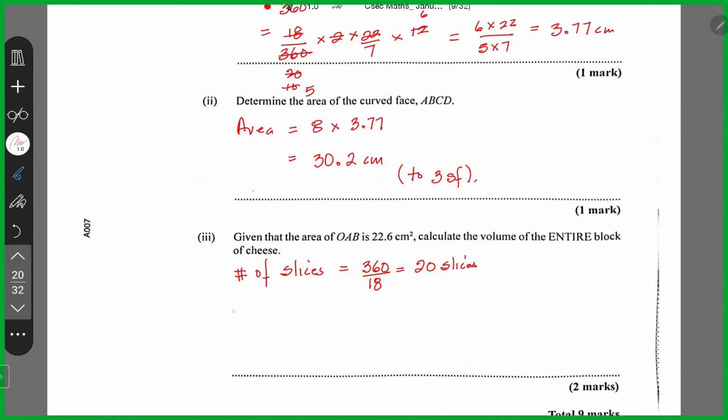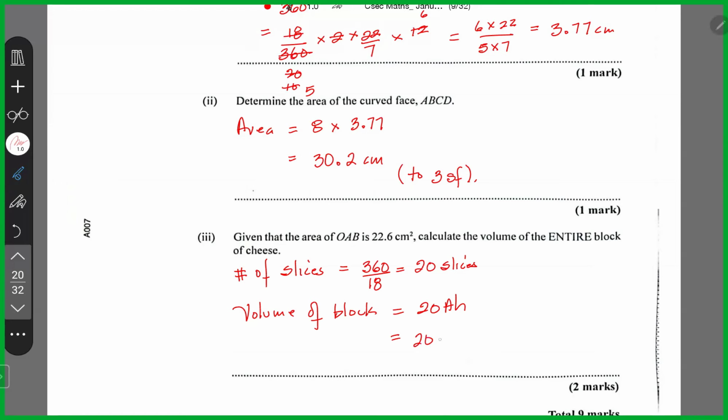So the volume of block would be 20 AH, AH being the volume of one slice. And since there are 20 equal slices, it's going to be the volume of 1 multiplied by 20 to give you the volume of the entire block.